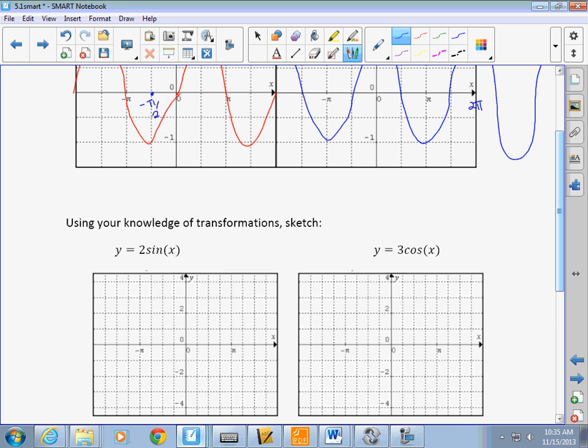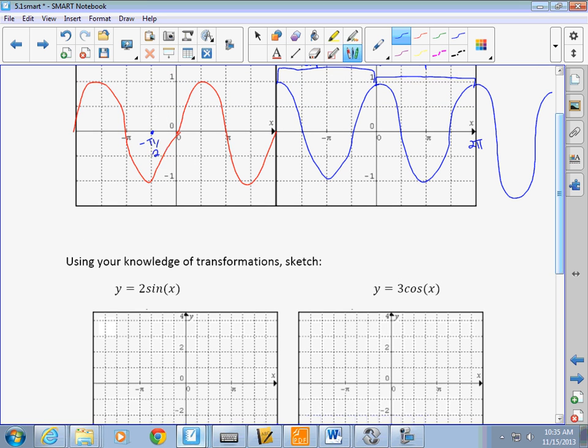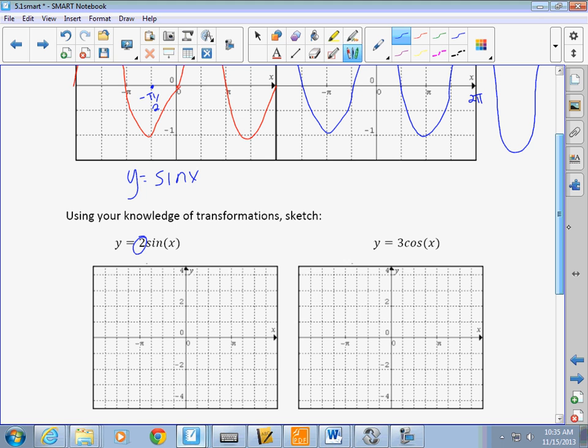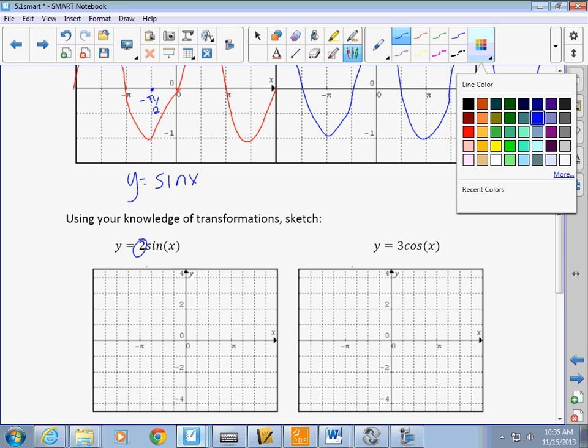So if on our sine graph here, when this was y is equal to sine x, for this one, if it's a 2, that means that we're going to double our y values. So my 0 here at 0, pi and 2 pi, it's still going to be 0.